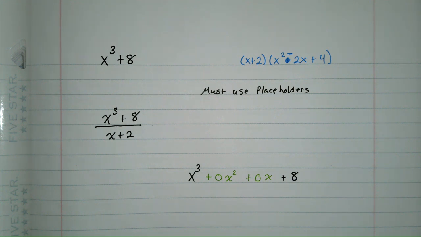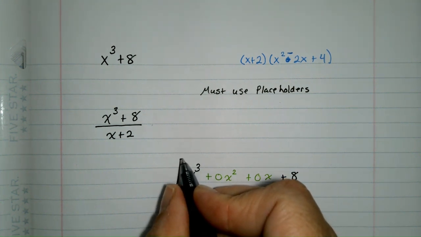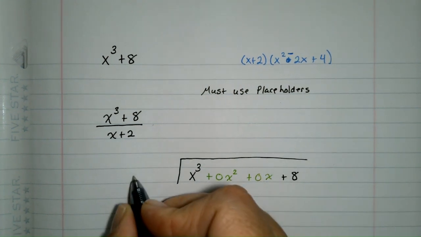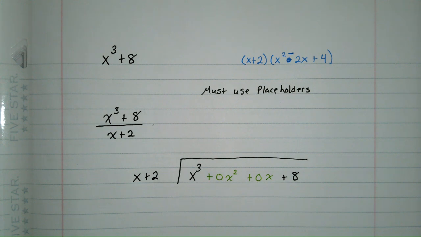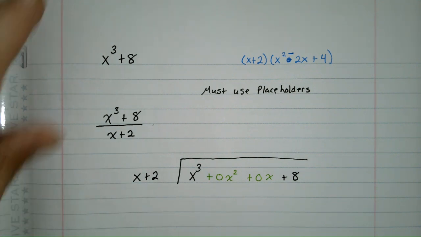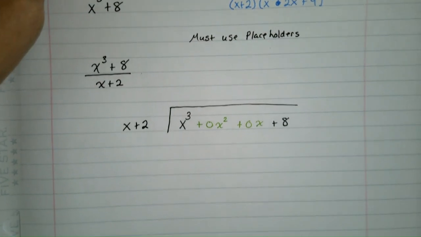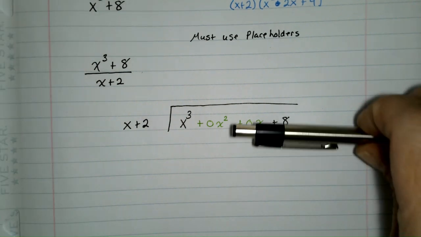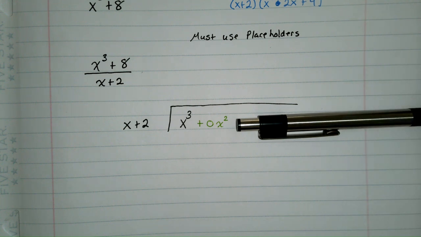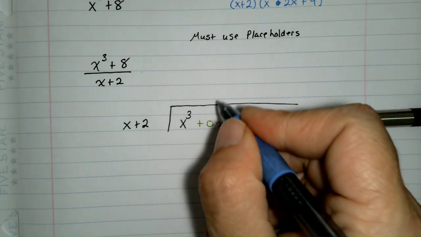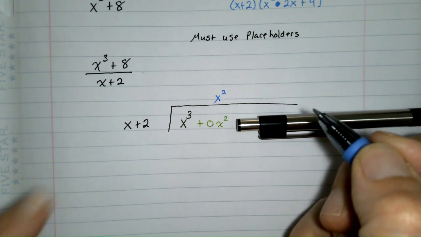I put in 0 divided by x plus 2. Okay, this time I'm not going to write out the multiplying to the side because that's a little extra. So we're going to kind of just work it out together. We're trying to get up to x cubed. I need to multiply by x squared.